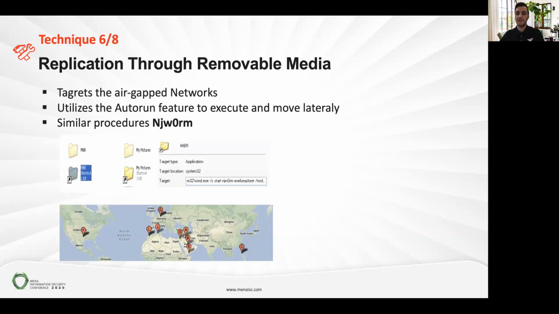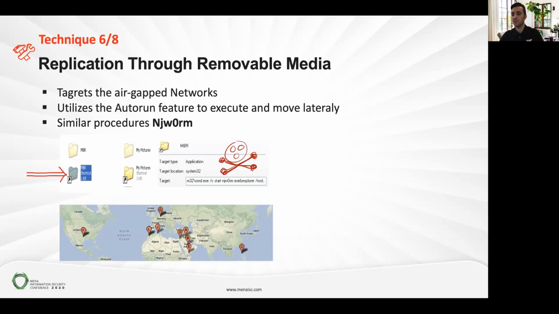So it will always check for removable devices present on the host. And when it checks that it is present, it will get a list of 10 folders, as we can see here on the removable drive. It hides those 10 folders, and it will create a shortcut with the same name for each of them.